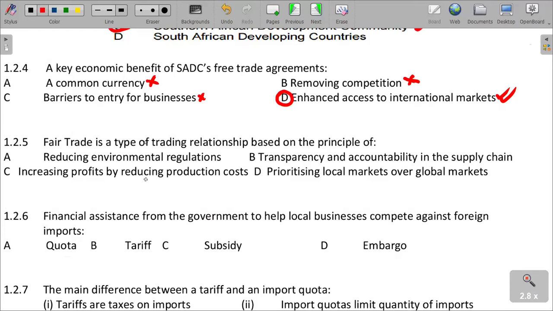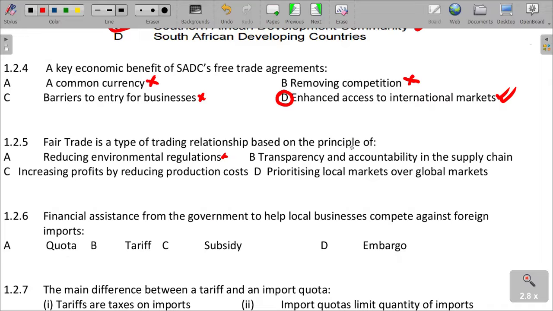A fair trade is a type of trade relationship based on the principle of dash. Number 5, reducing environmental regulations, is not fair trade, it has nothing to do with that.